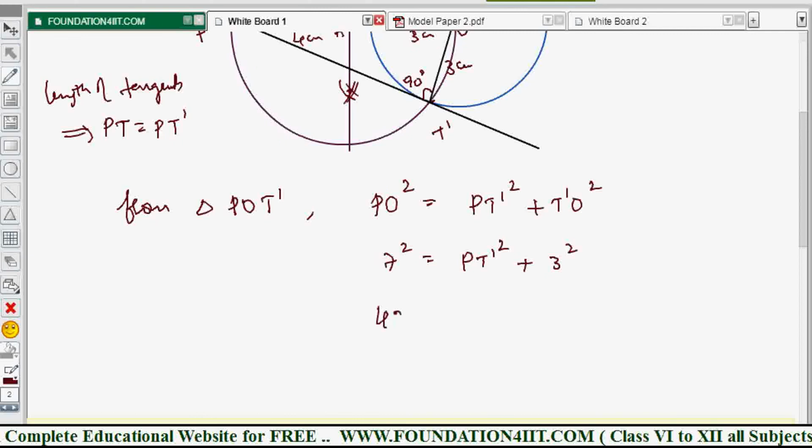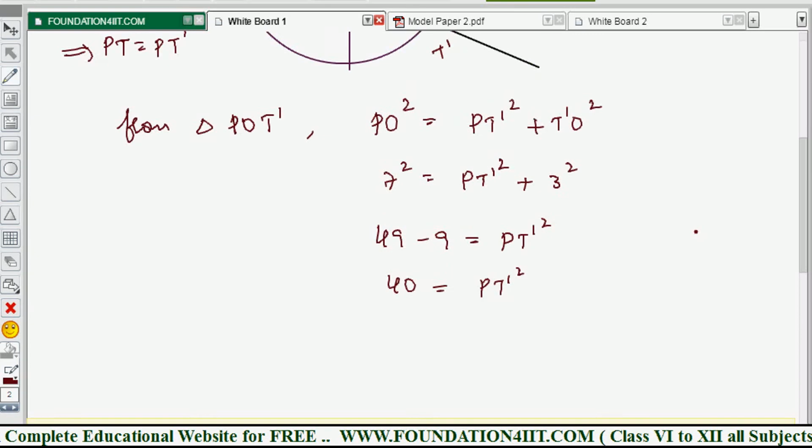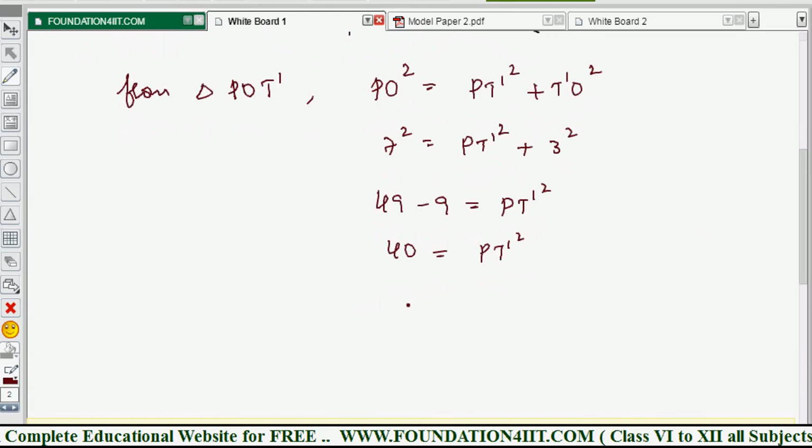Then 49 minus 9, taking this side, PT dash square equals 49 minus 9, which is 40. So PT dash square is 40, and the length of the tangent is the square root of 40, approximately 6.32.